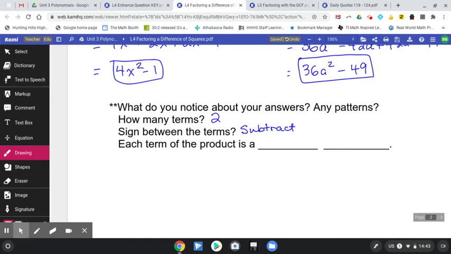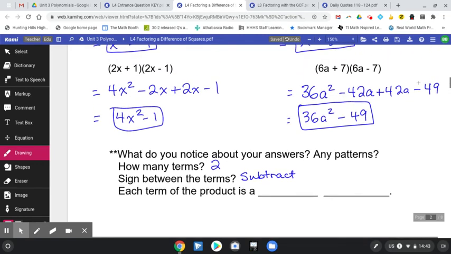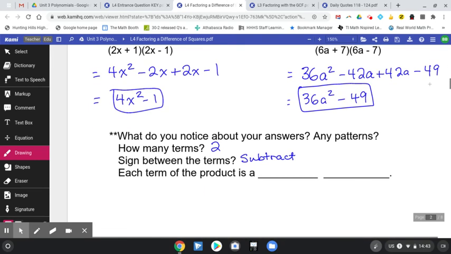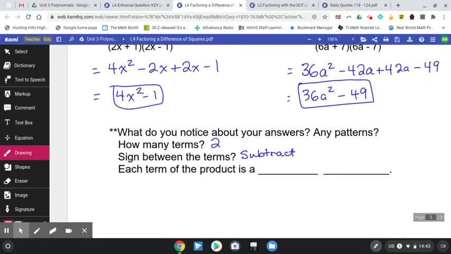And then looking even more closely, if we look at every one of the terms, so the x squared, the 4, x squared again, 25, 4x squared, 1, 36a squared, and 49, what we see with all of those terms is that each term of the product is a perfect square.